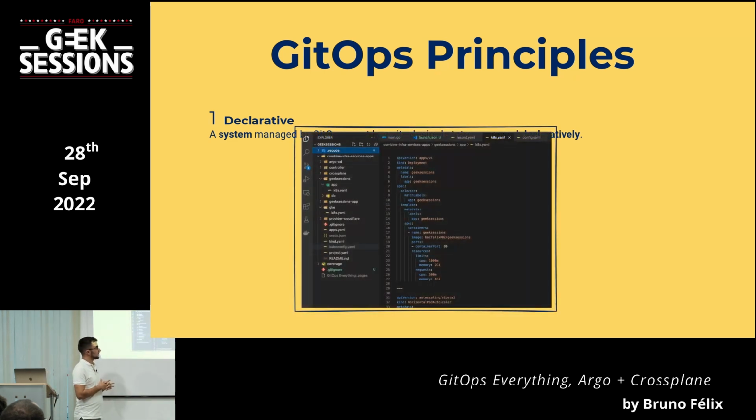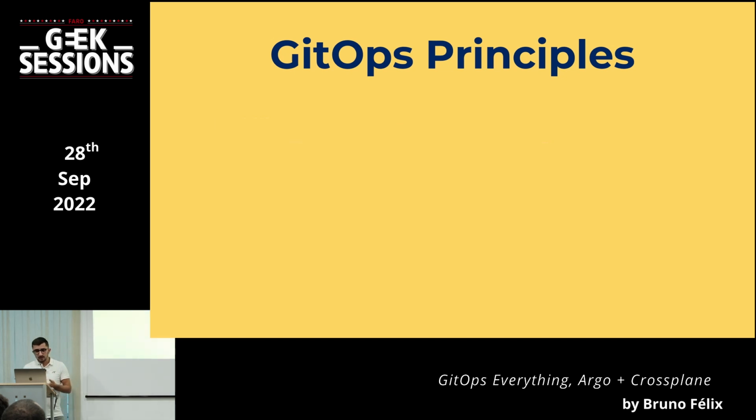Our code must be presented in YAMLs, in a declarative language. When we talk about GitOps, we are talking about how to do infrastructure using DevOps best practices, so we are talking a lot about YAML files.